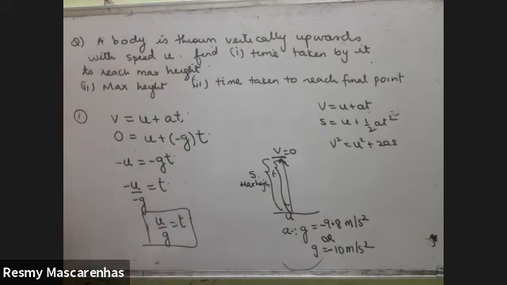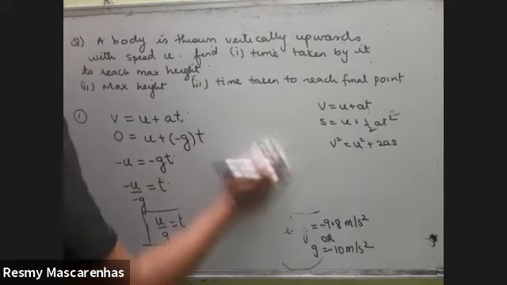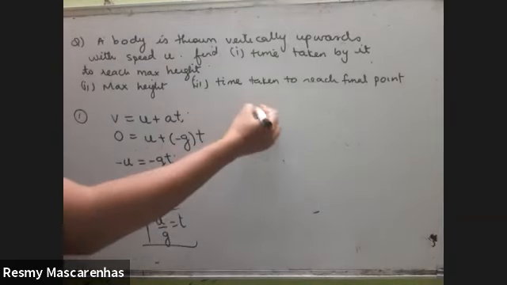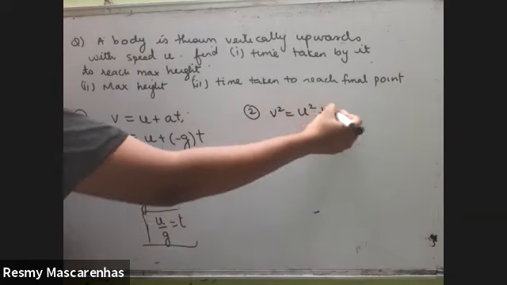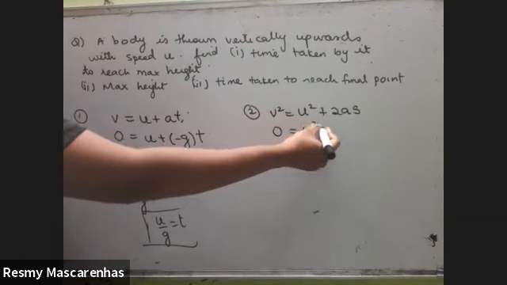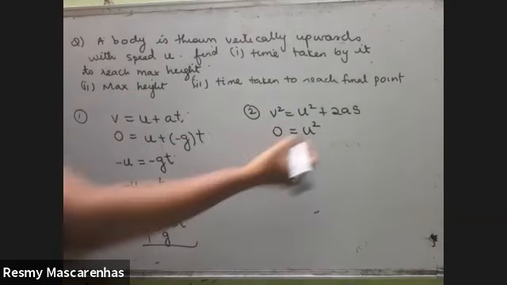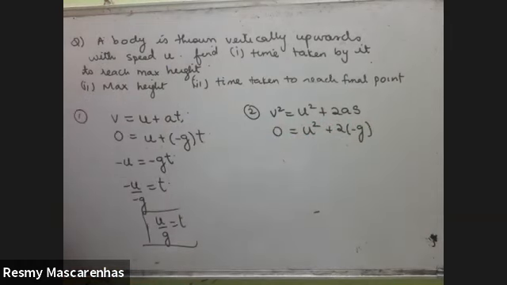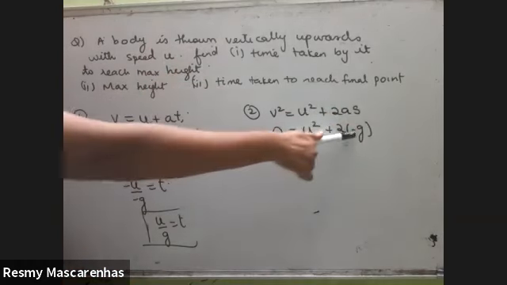Now let us calculate the height. Height means nothing but distance. So we can use the last formula: v square is equal to u square plus 2as. v is anyway 0. u is given as u only. This is minus g. Acceleration due to gravity, I told you, irrespective of whether the ball is going upwards or coming downwards, take it as minus g only.